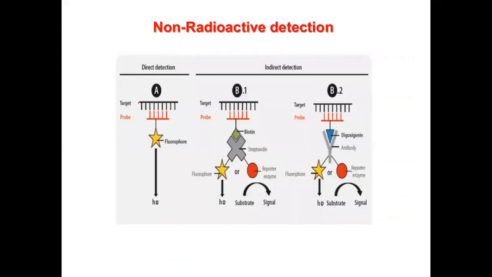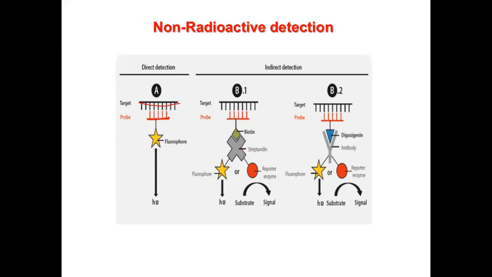Here, this is the target gene X, and this probe is complementary to the particular gene. This probe is attached to a fluorophore, thereby directly you can check on a fluorimeter. Or you can attach this probe to a hapten. Here it is biotin.